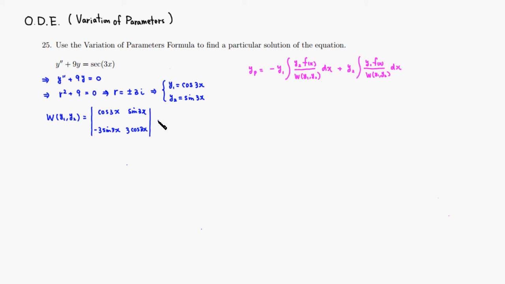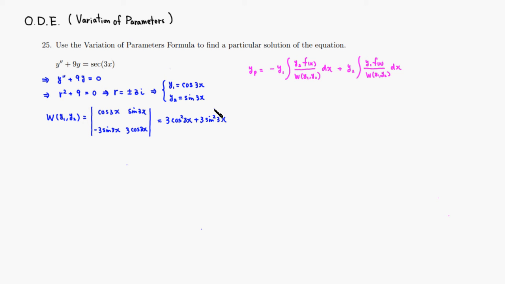So the determinant is 3 cosine squared of 3x, minus with the negative sign, so it's plus 3 sine squared of 3x.